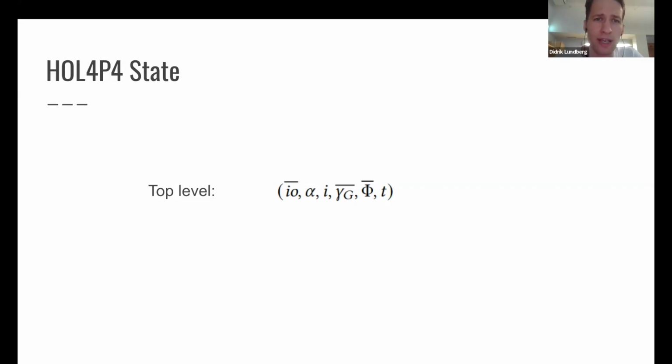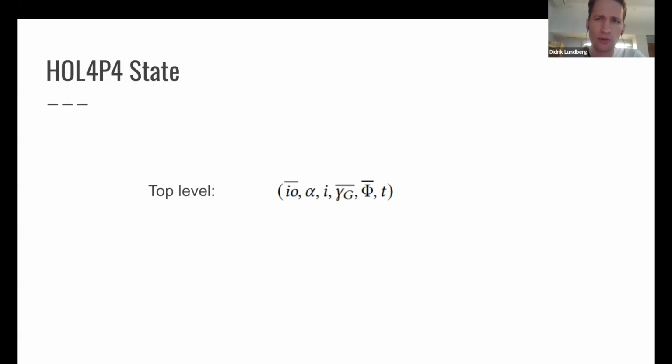And then we have the frame stack phi bar. And this is a call stack, you could think of it as, consisting of function frames, which contain a tuple of the function name, mappings between local variables and their values, and the current function body being reduced, the current statement being reduced.